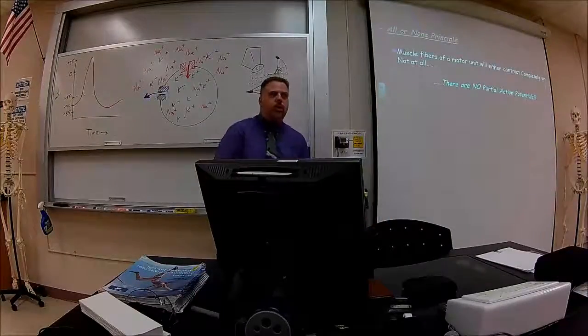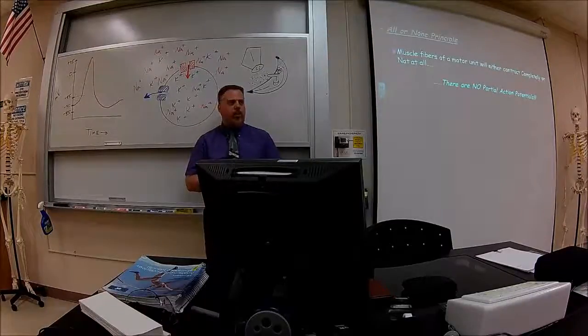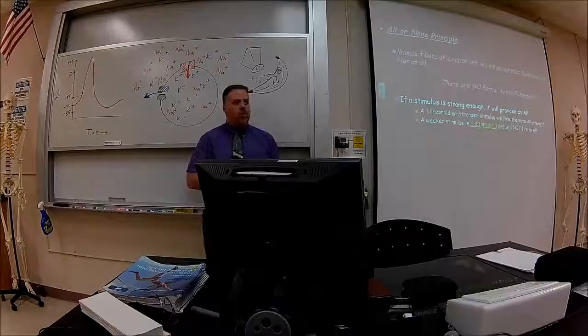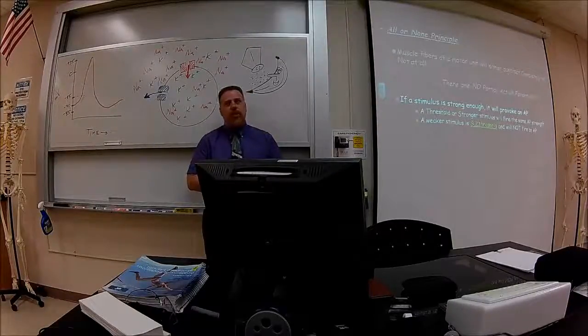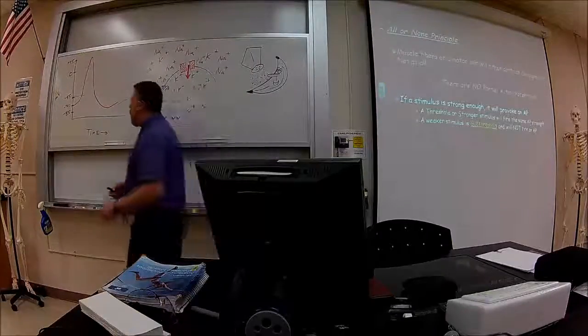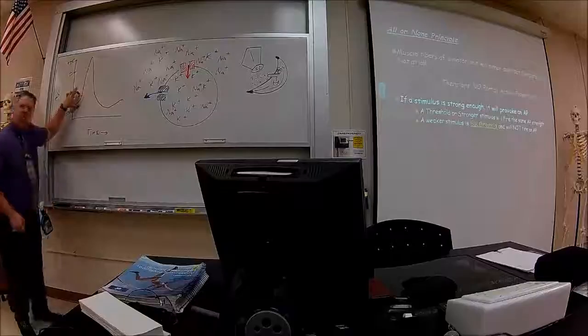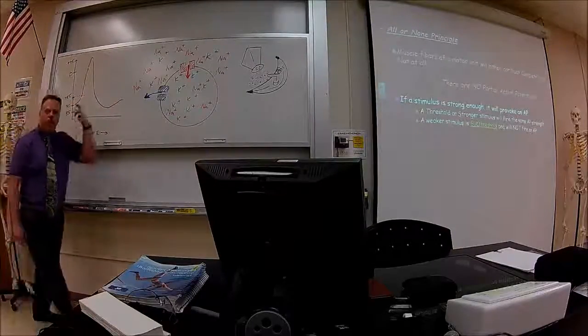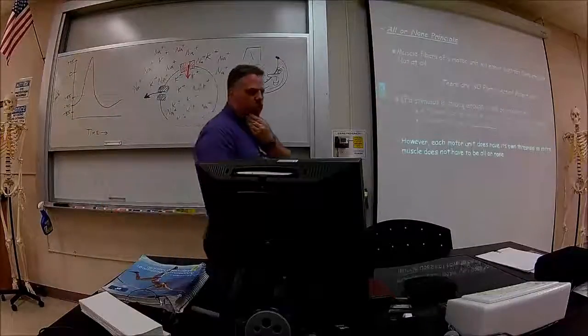Okay? So there's no such thing as partial action potentials. And this just explains to you about sub-threshold. If it doesn't reach negative 55, you will not have an action potential. So we're going to talk about this little area here, which is called the local potential. We'll talk about that later, but we'll talk about that as it goes up and down there. Okay?